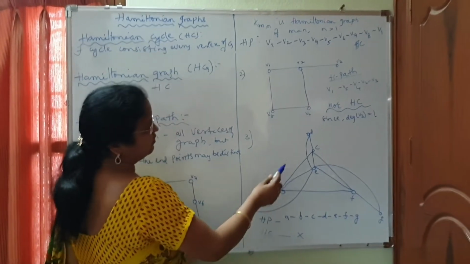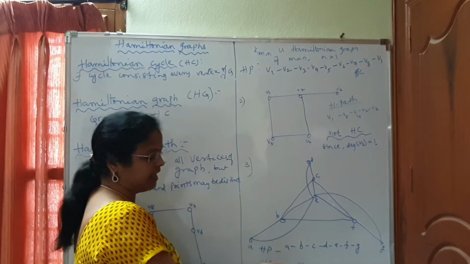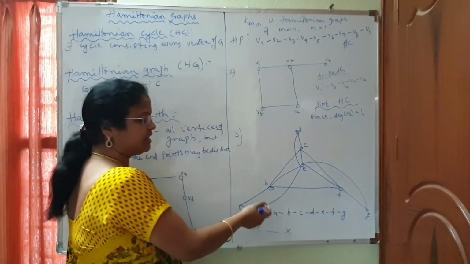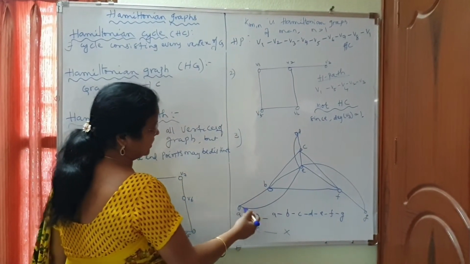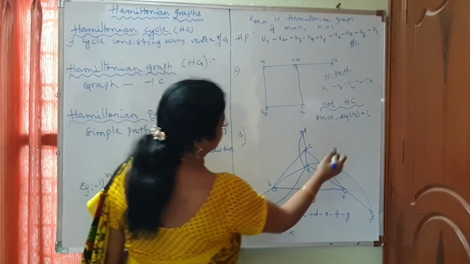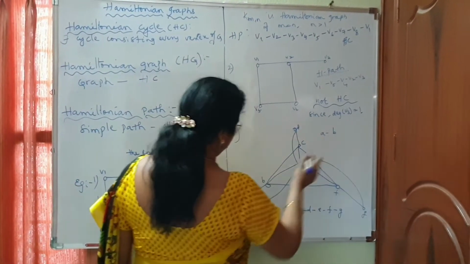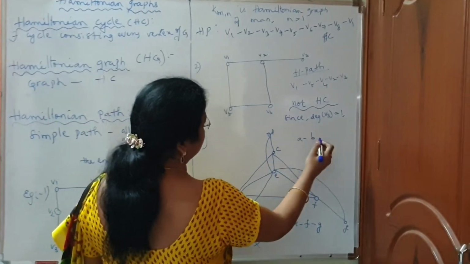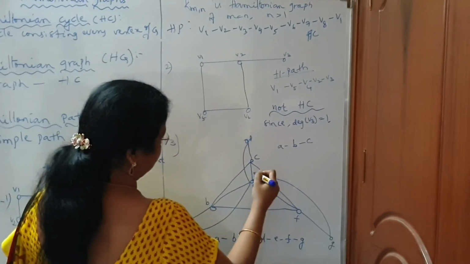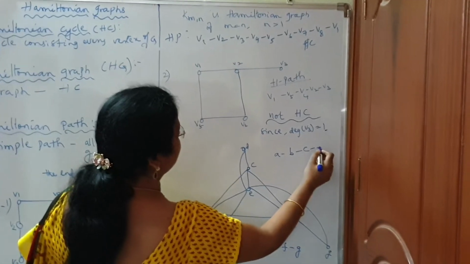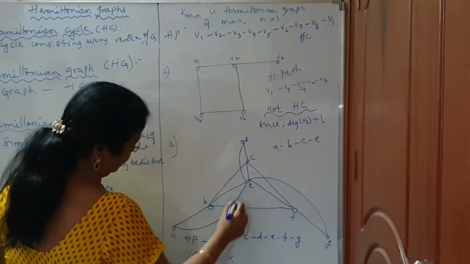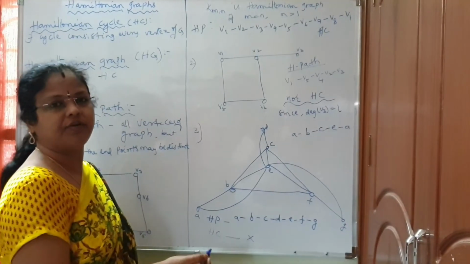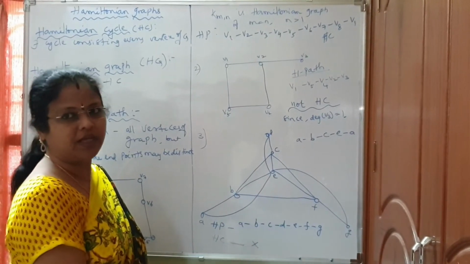If you observe from this graph, if you write any cycle, then you may not cover all the vertices of the graph. Let us see a simple example. If you consider this part, A to B, we have one edge, then B to C, and C to E, next E to A. This is your cycle. Cycle means initial vertex and terminal vertex must be the same.